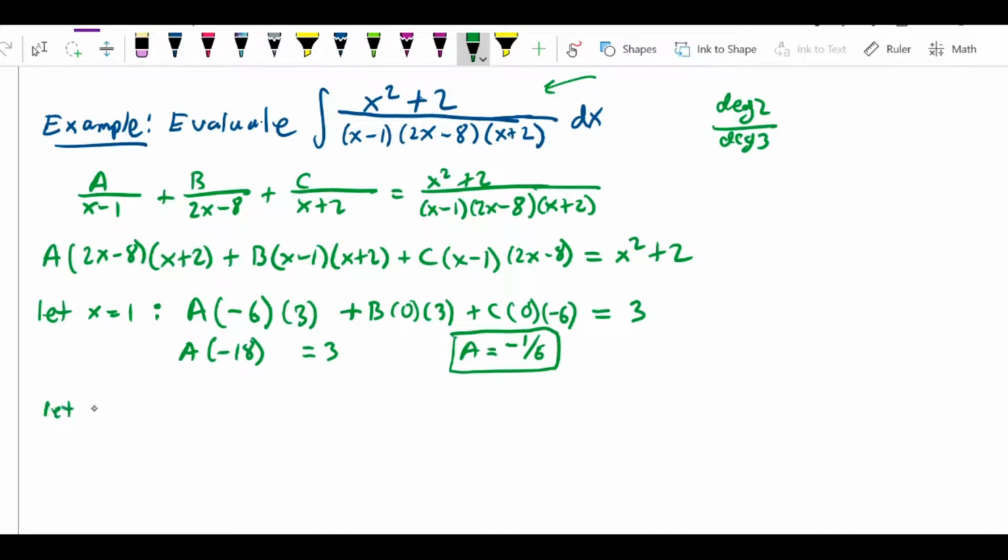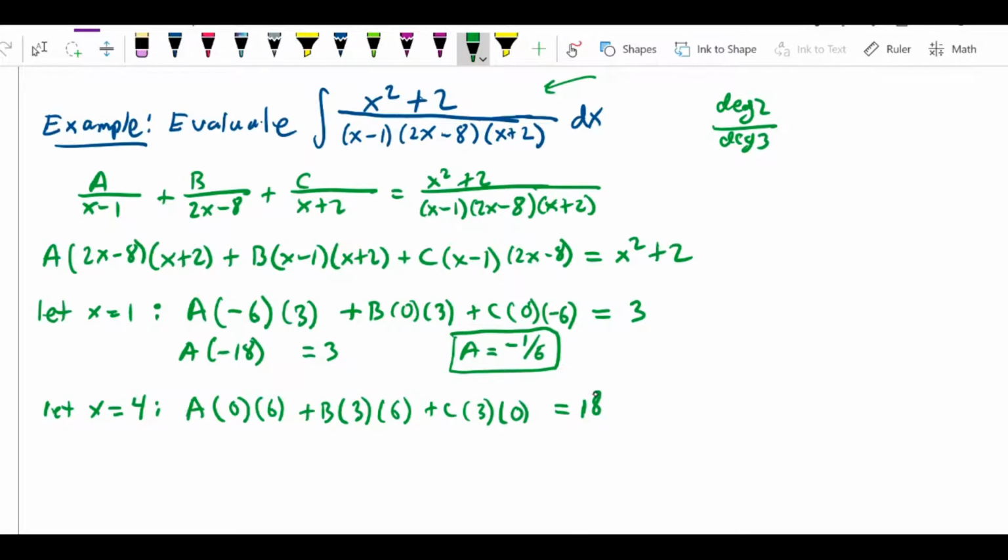So we're going to let x equal 4, because that's going to zero this constant. So it's 2x minus 8. If I put in x equals 4, I just get 8 minus 8, which is 0. So this is now going to be a times 0, and b times 6, plus c times 3 times 0, is equal to 4 squared is 16 plus 2 is 18.